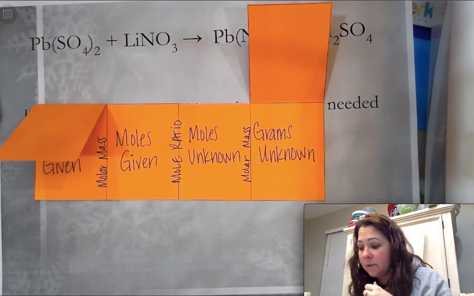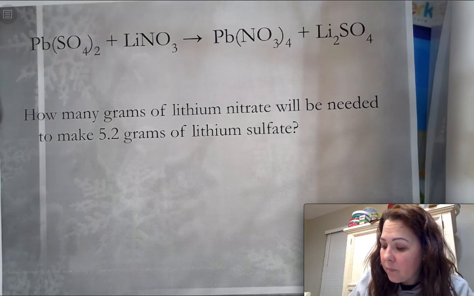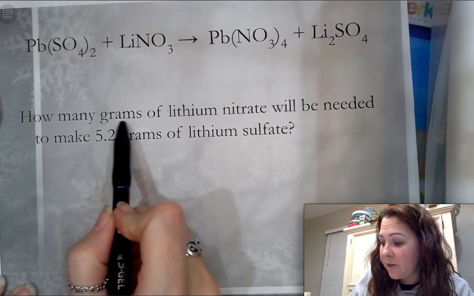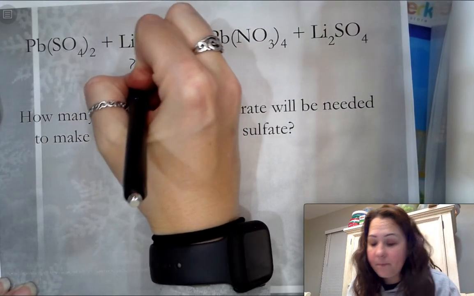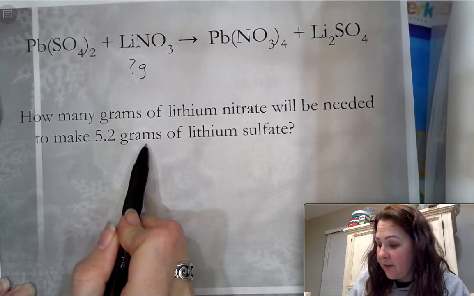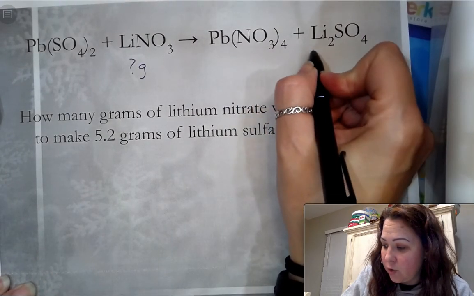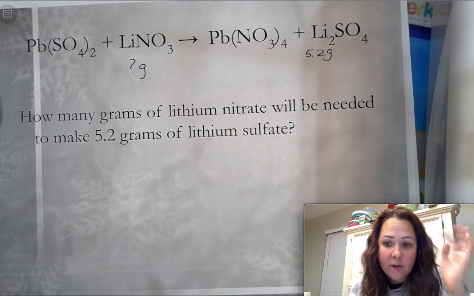your second component. So what I mean by that is, it says how many grams of lithium nitrate. So with my lithium nitrate, I want grams of that guy right there. Will be needed to make 5.2 grams of lithium sulfate. So I have 5.2 grams of this one that is necessary for whatever component there is.